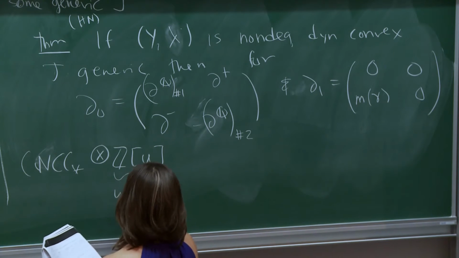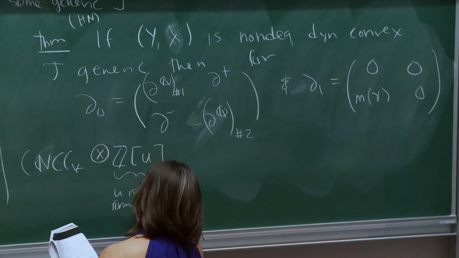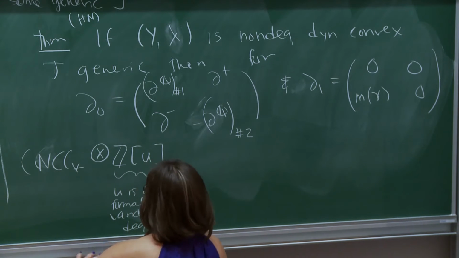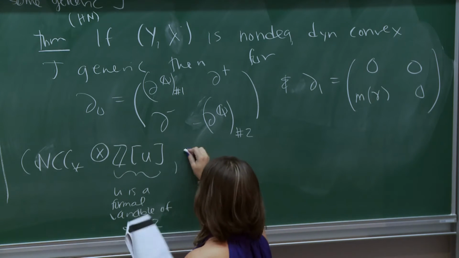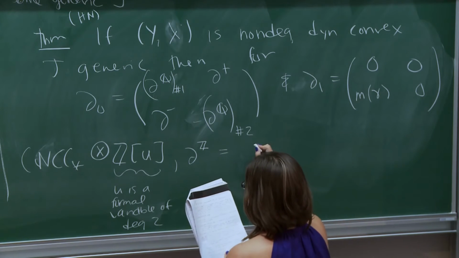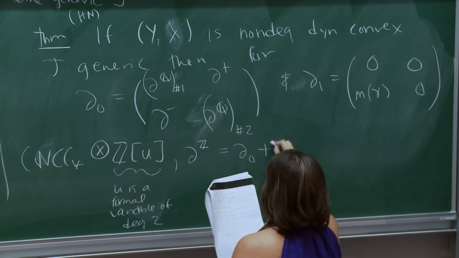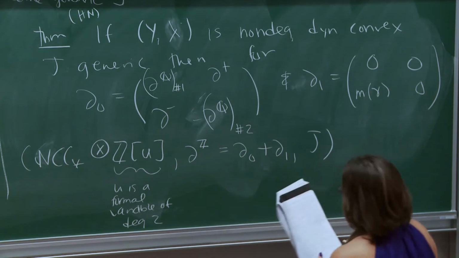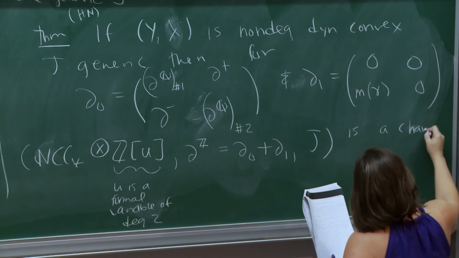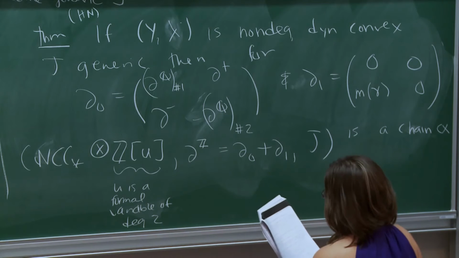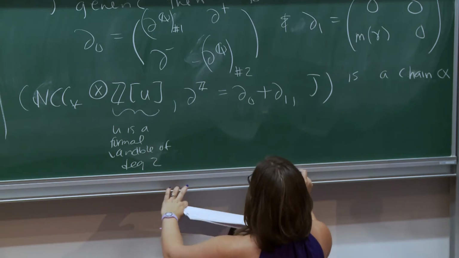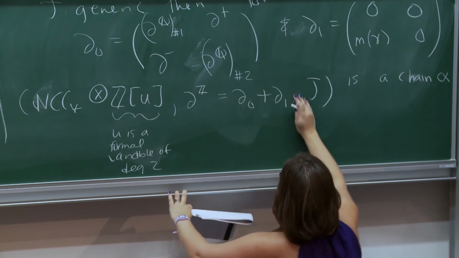So here U is a formal variable of degree 2 with dz being equal to d0 plus d1, and this is a chain complex. With U inverse, D1. Sorry? You have to multiply D1 by U inverse. Oh yeah, sorry.